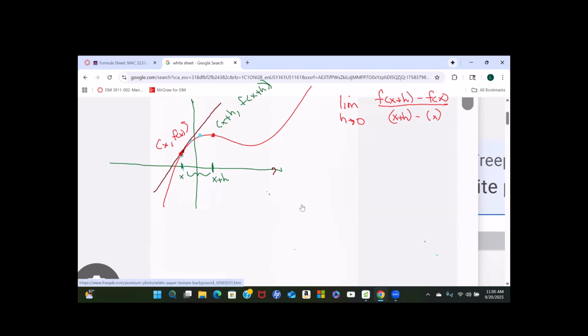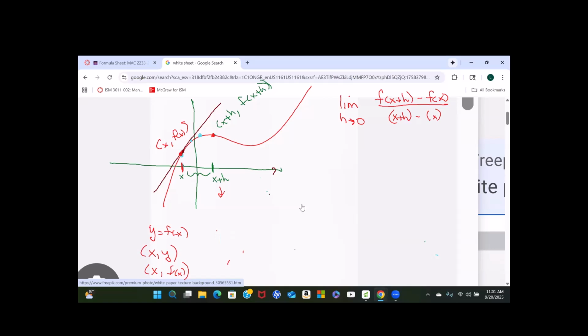So if this point right here is x, I have y equals f of x, right? And I want my point x, y. So this point right here is x, comma, f of x, right? It makes sense. Good. Now here, what's my x value there?